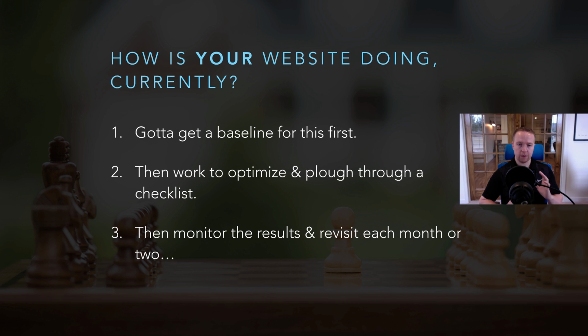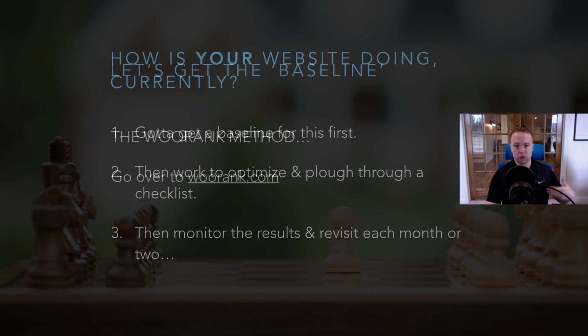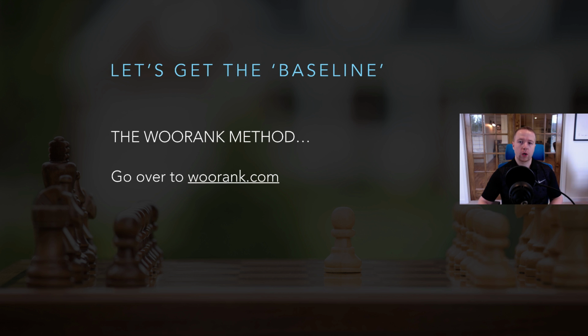And then once we have that baseline, we can work to optimize your website and really plow through the checklist that the software I'm about to show you offers up. When you run your website through this scanning system, they give you this fantastic checklist that you can just work through to optimize your website. And then once you've optimized it, you can monitor the results and revisit those results each month or two. Okay, so let's get started.